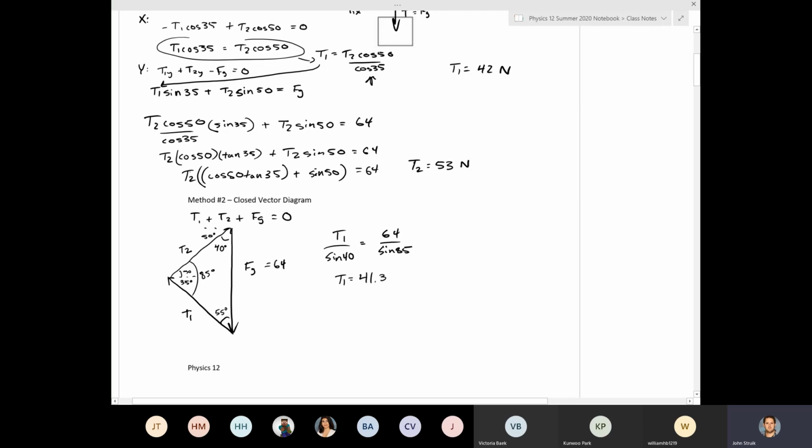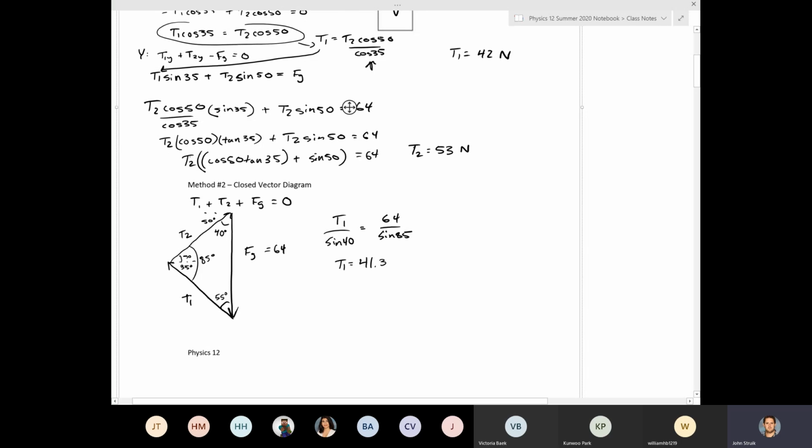So we're kind of off, but I did round the 53 and the 42, so that's probably why. Then we can do the same thing for T2. T2 over sine 55 equals 64 over sine 85. 64 sine 55 divided by sine 85, and you get T2 is equal to 53 newtons.